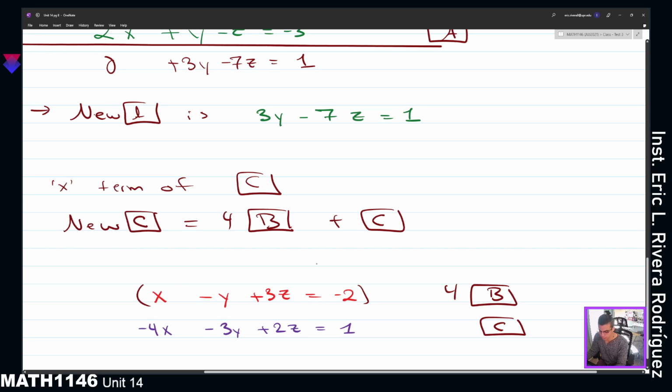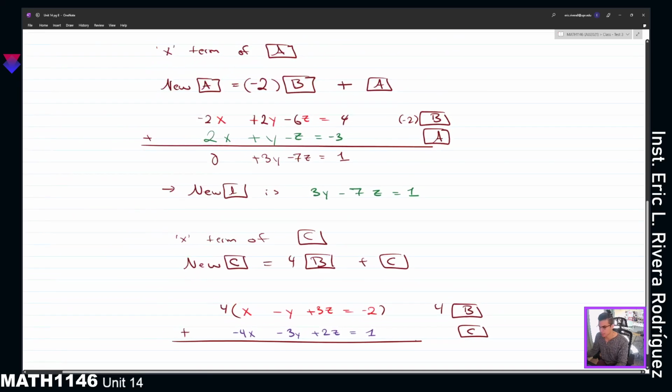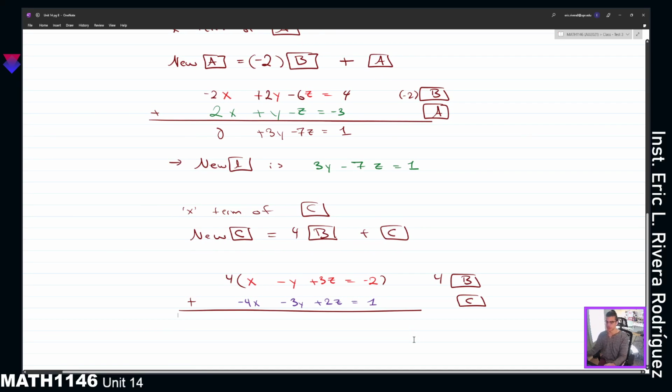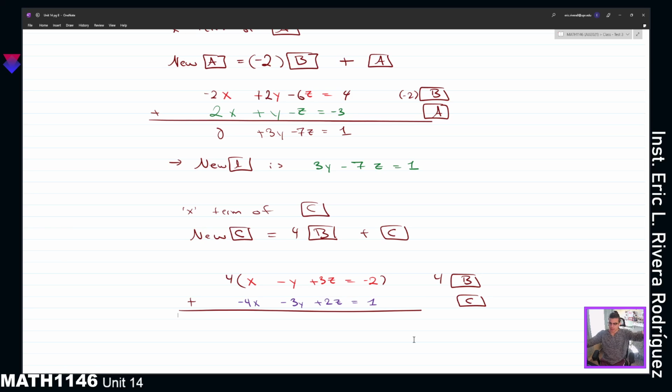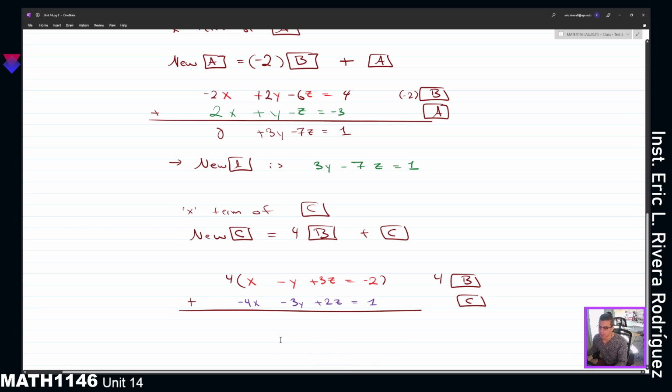So careful here on your writing. All right. So now we are going to have a new C, and that's the first step. So we multiply B by 4, and then we are going to add equation C.